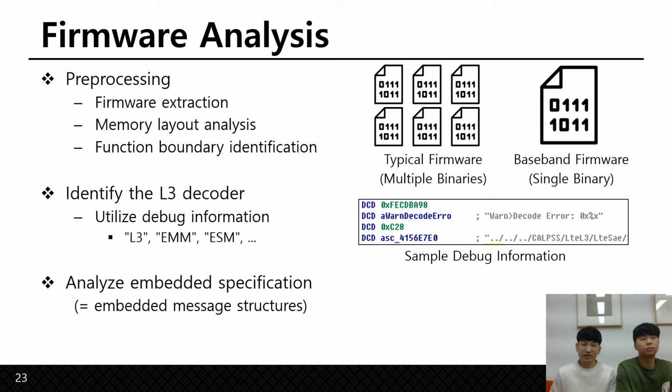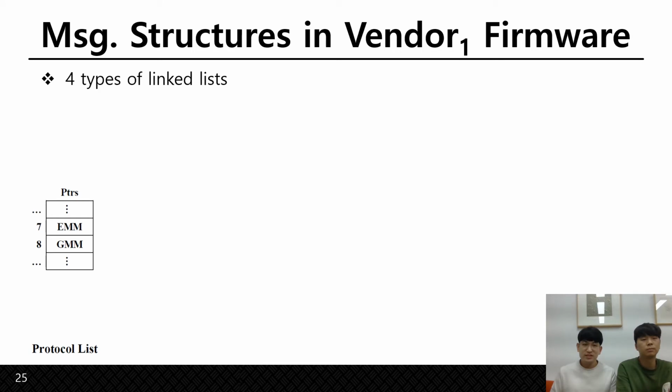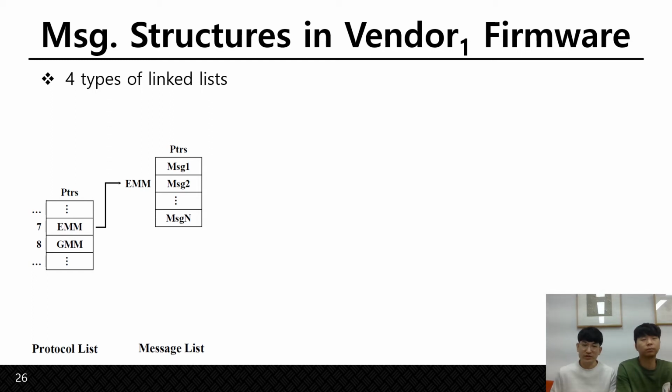After we find the L3 decoder, we figure out how the message structures are embedded. For example, in the case of vendor 1, the message structures are embedded with 4 types of lists. First, it searches the target protocol in the protocol list, and it follows the pointer to the message list.